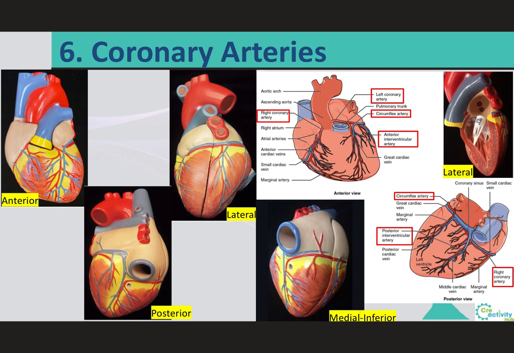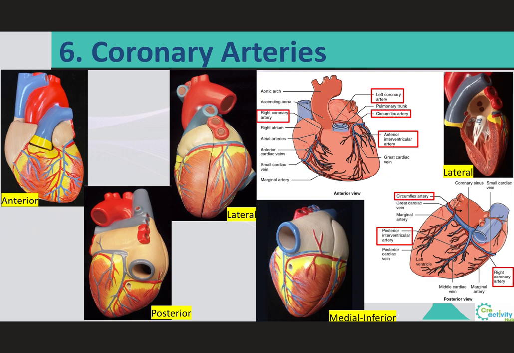As we can see from this image, the left coronary artery is going to exit from the ascending aorta, and it will pass right behind the pulmonary trunk, as we can see over here. Once it passes the pulmonary trunk, it will split into two.